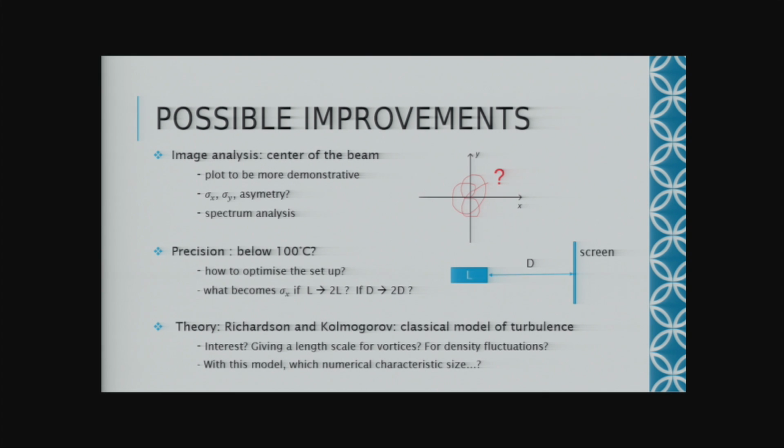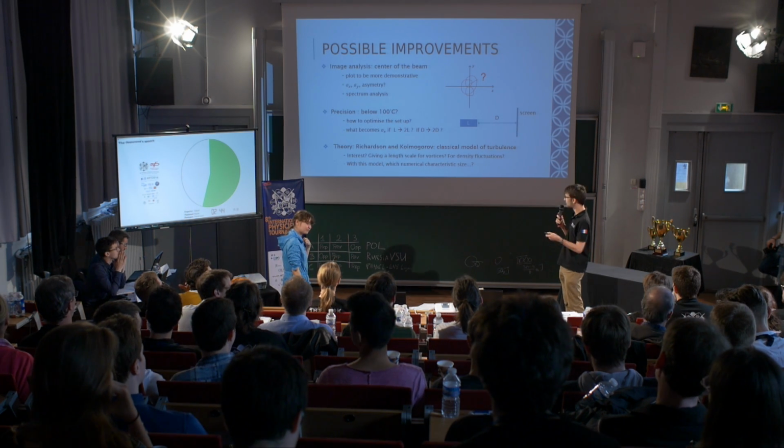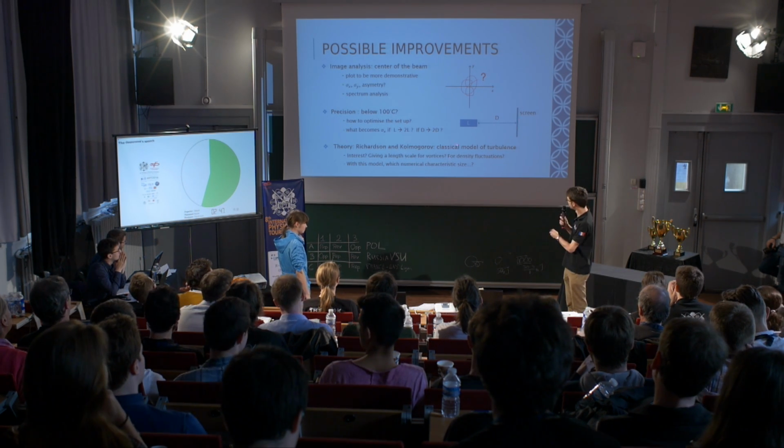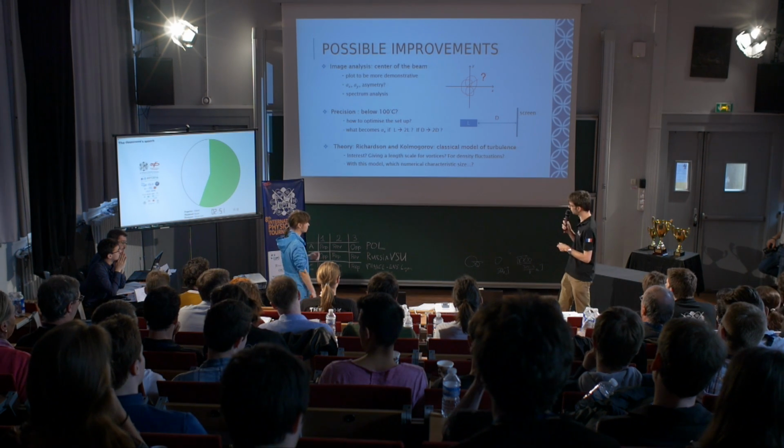What is the scaling of this kind of modification? Same question about the distance between your plate and your screen: what happens to the standard deviation you observe if I multiply this distance d by 2? So this will be discussed further.